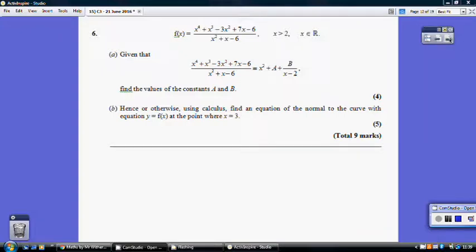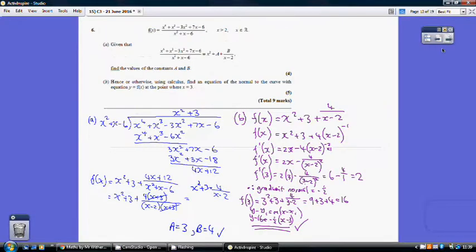Question 6. So for part A, we start off by doing the algebraic division. So when we divide through, we get x squared plus 3 with a remainder of 4x plus 12. So our solution is x squared plus 3 plus the remainder still to be divided by the divisor.